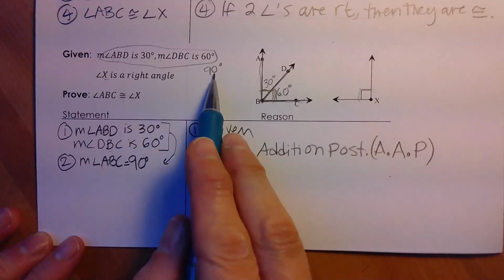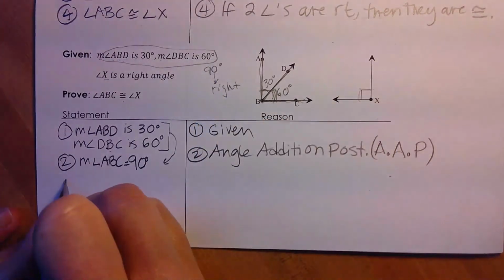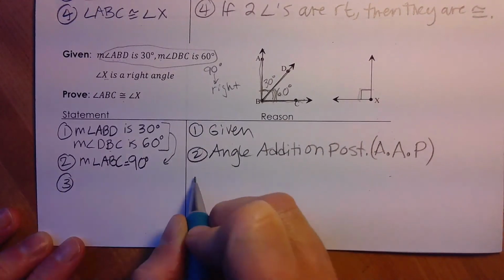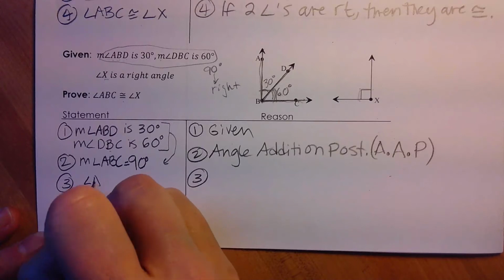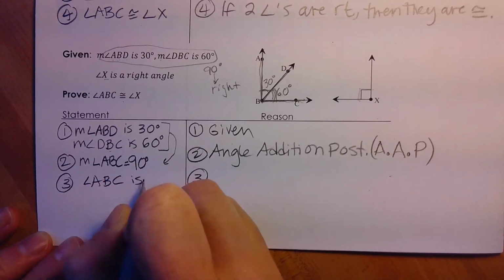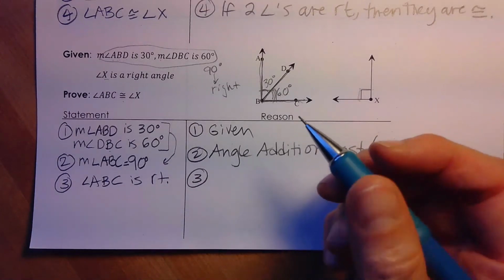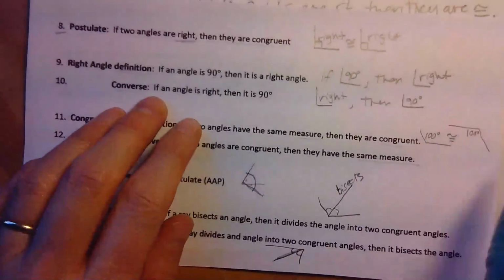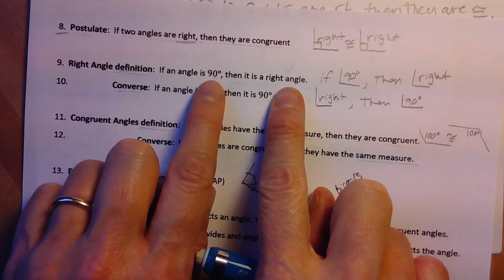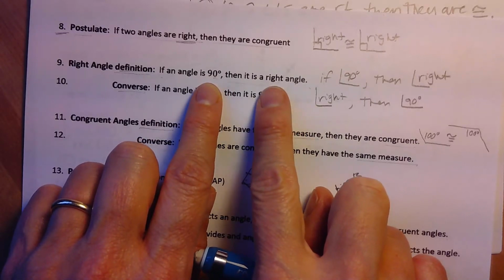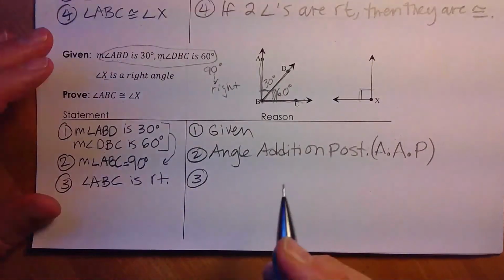So we're going to turn that 90-degree angle into a right angle, and we're going to take a step in our proof to do it. Okay, angle ABC is right. Let's see, that was our definition of a right angle, the one labeled number 9. This links the number to the word right: if an angle is 90 degrees, then it is right.